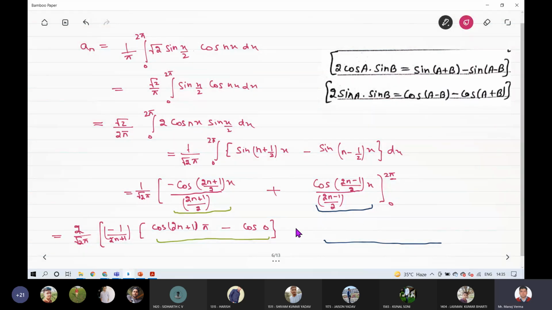So this will become plus 1 over 2n minus 1, into cos (2n minus 1) pi minus cos 0.